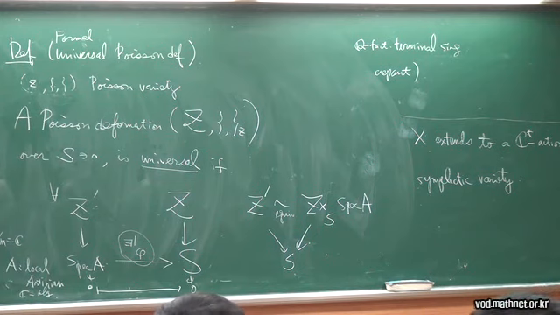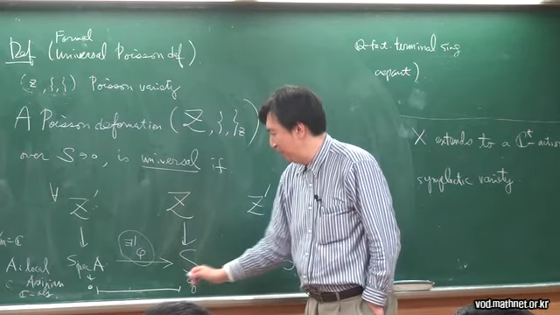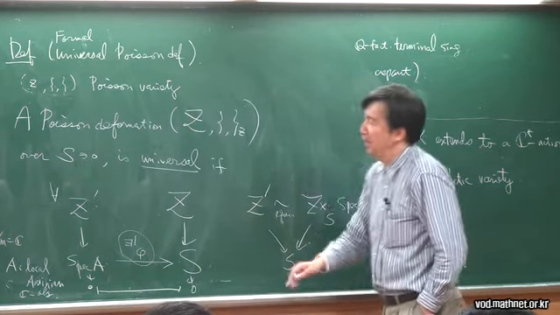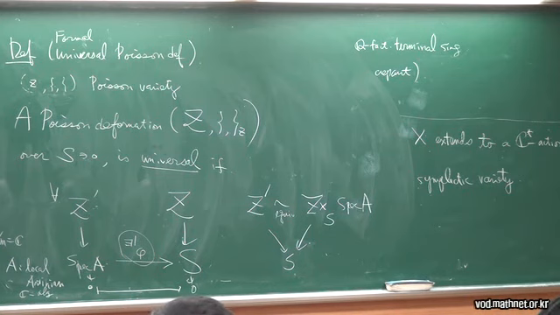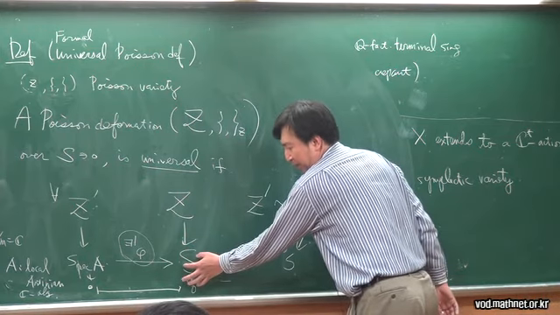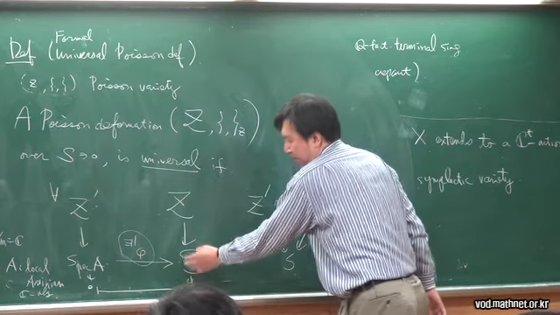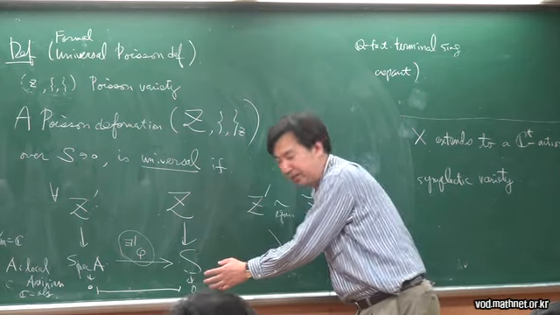So always such a map exists, then we call it universal. But now S is just a formal scheme, or in our case, any scheme is possible. If S has such a property, then we call it universal Poisson deformation. Anyway, later I construct such things for our X or our Y, but this S becomes an algebraic variety in such a case.